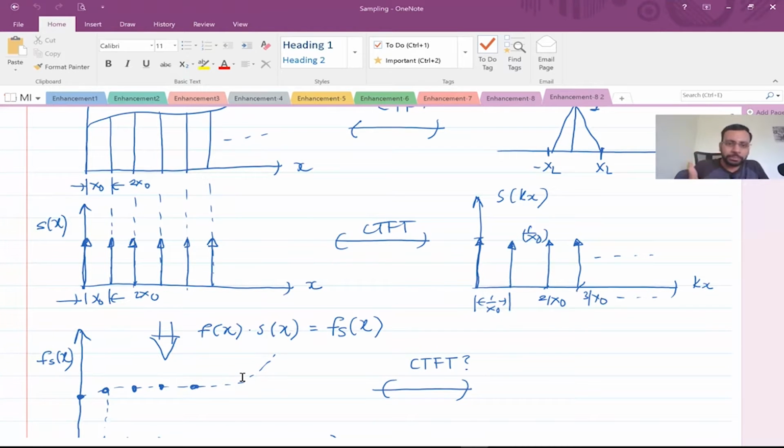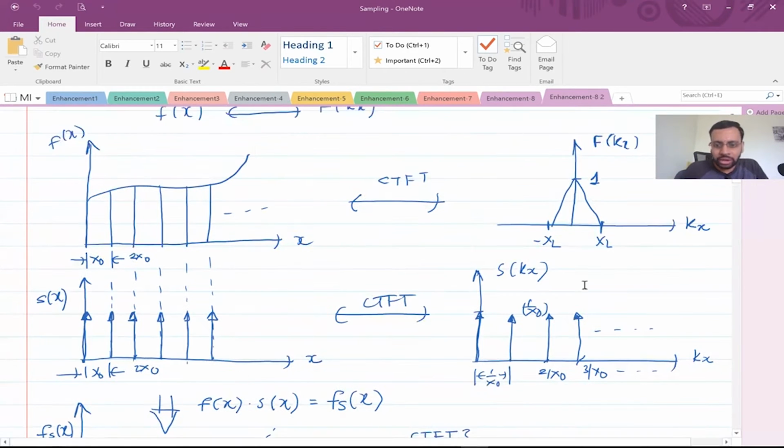Multiplication in the spatial domain is equal to convolution in the frequency domain, right? So you are going to convolve it with this impulse train. So impulse train is basically a summation of all shifted impulses, of course at zero, plus all impulses that are shifted by, if the original impulse train samples are taken at x naught, here the placing will be an integer multiple of 1 by x naught. So that's what is going to happen.